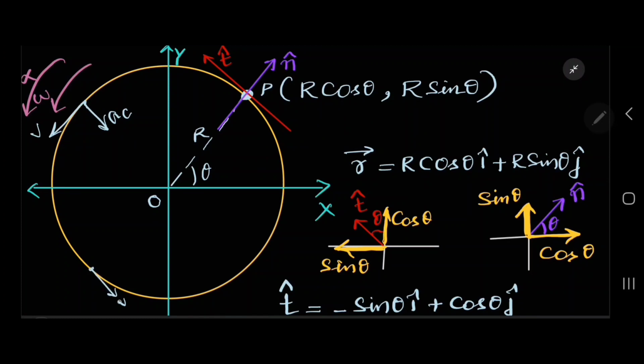So the centripetal acceleration cannot change the magnitude of velocity, but it changes the direction of velocity. And the tangential acceleration can be along velocity or opposite to velocity. If it is along velocity, it increases the magnitude. If it is opposite to the velocity, it decreases the magnitude of velocity.